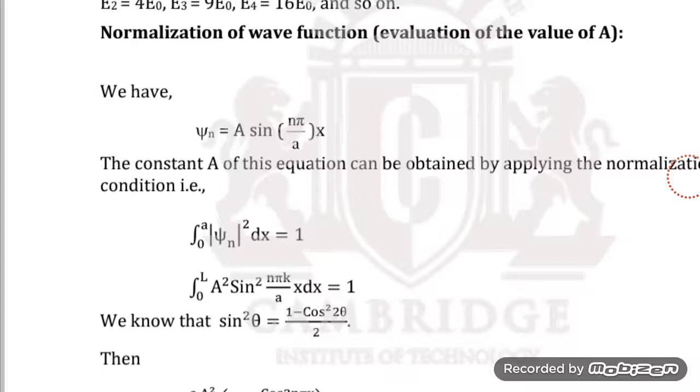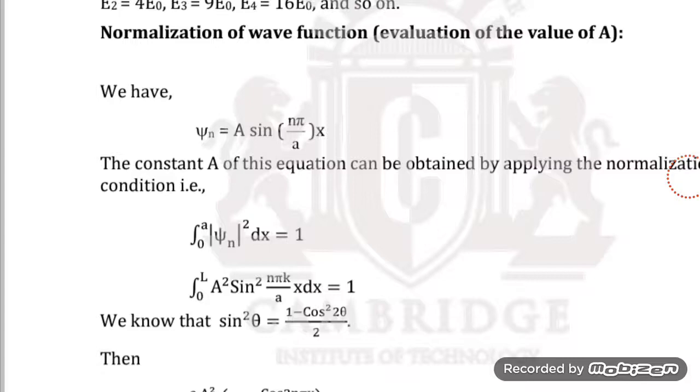As we know, in the starting we wrote that a particle is moving in a one dimensional box, so the probability of finding the particle is maximum. So we can say that the value of normalization is maximum, which is 1.